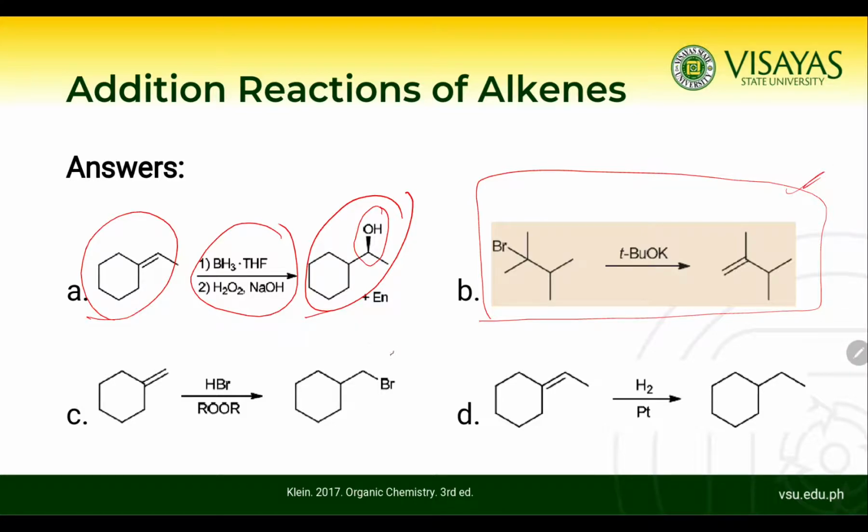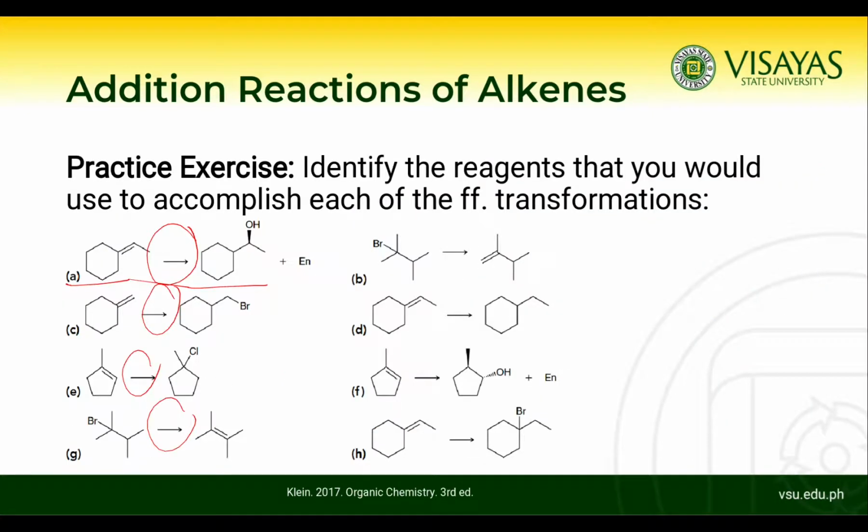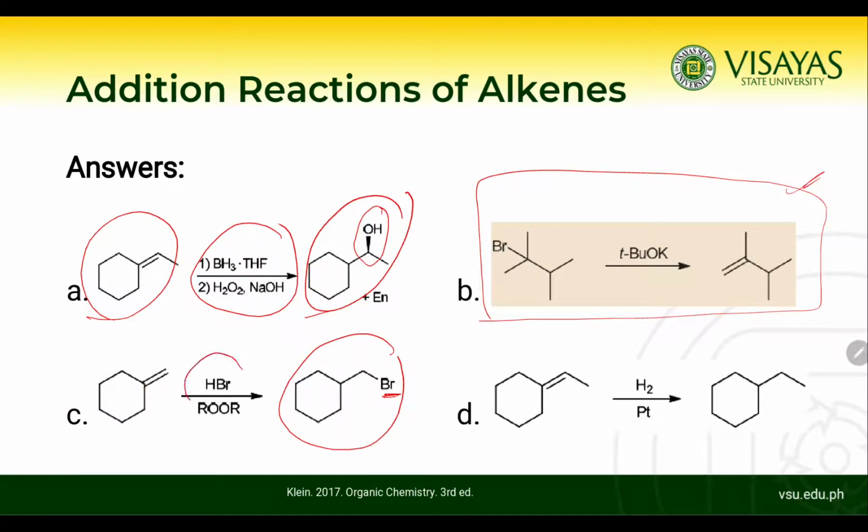Letter C, we add a halide here. So this is addition of HX. Okay? So we have HBr as the reagent. Letter D, this is from alkene to alkane. So we use the reagents for a hydrogenation reaction.